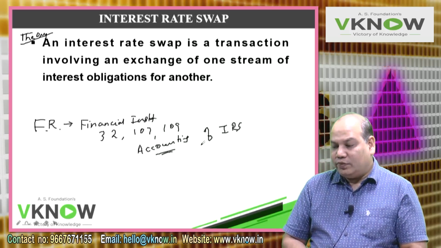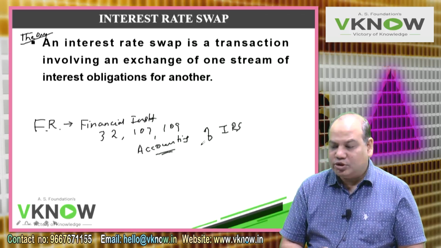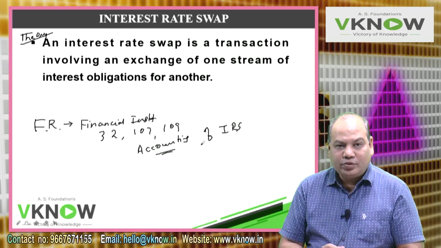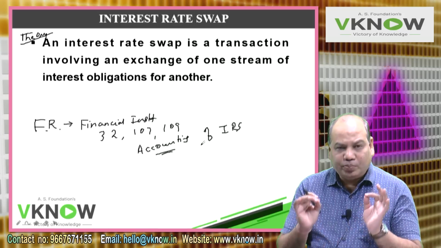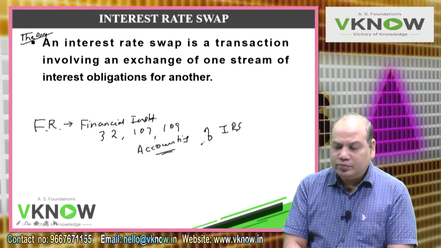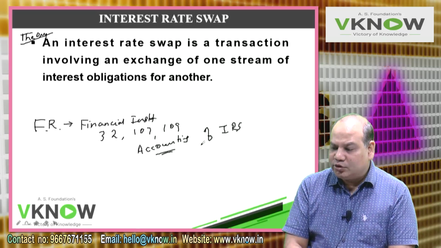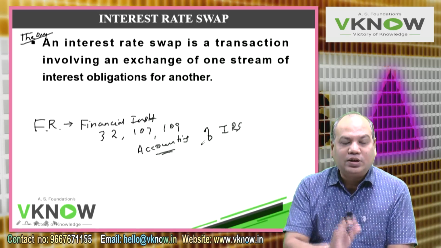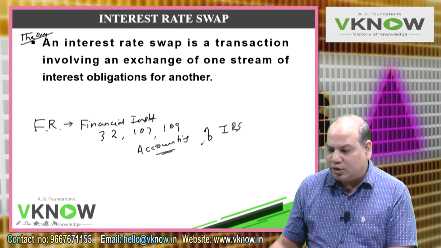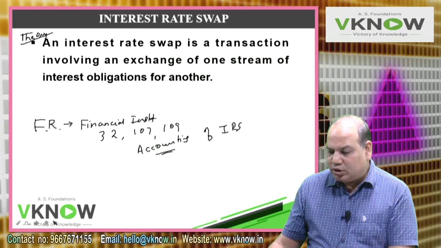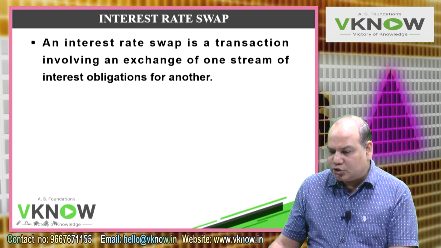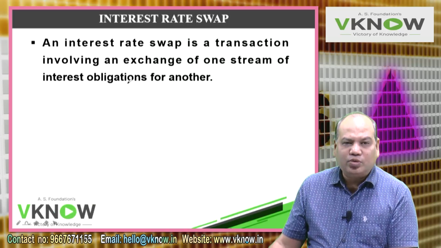But the accounting of this interest rate swap is again very interesting and very important for FR paper also. I have observed that students find it difficult to understand the accounting of interest rate swap if they have not studied or understood interest rate swap here.